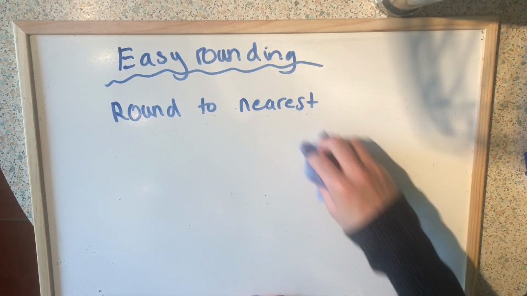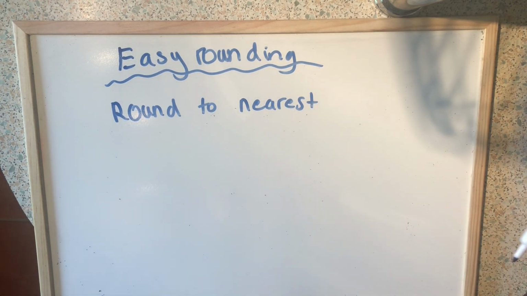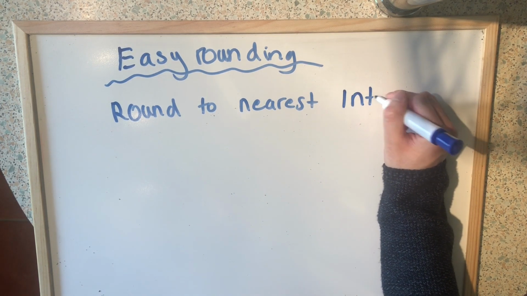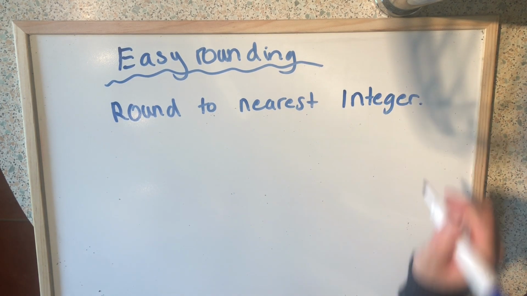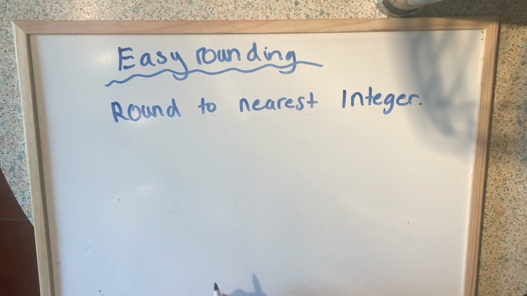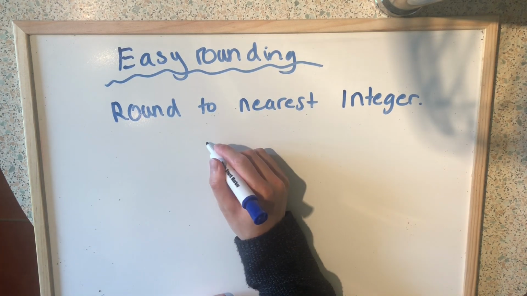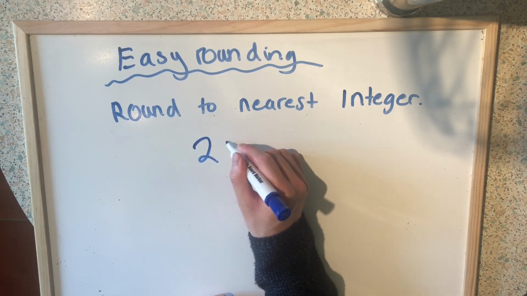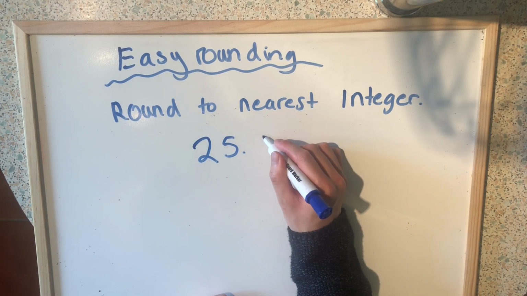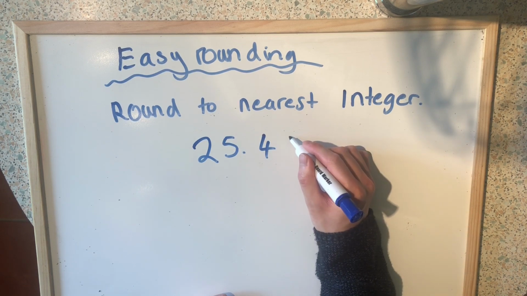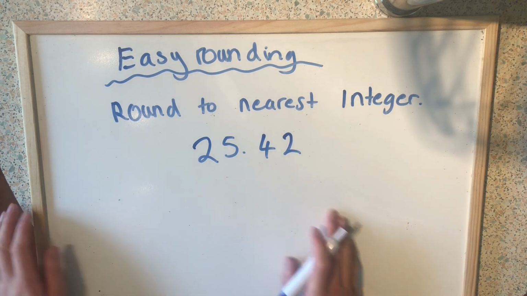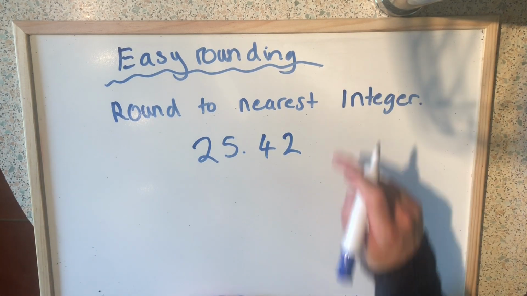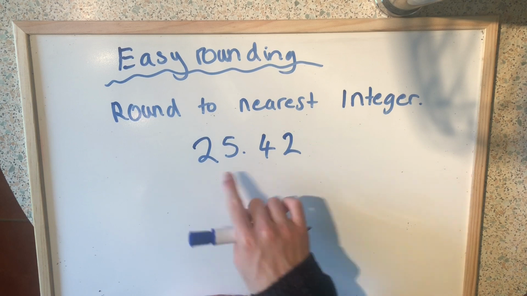And this is the same with rounding to the nearest integer, so the nearest unit, the nearest whole number. So if we had something like 25.42, the nearest integer, the nearest unit, we're looking at this number here, this 5.